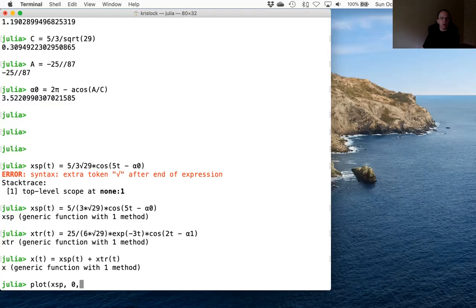I'm not really sure how far to go into the future here. What do they do in the solutions for number 12? Oh, they go slightly above pi, so maybe like 4. Looks like they go from 0 to 4 seconds. Okay, so let's do that.